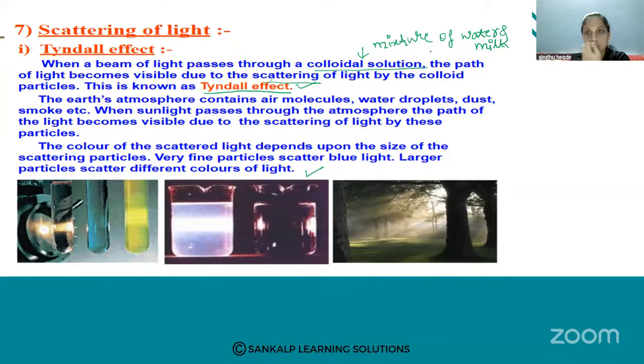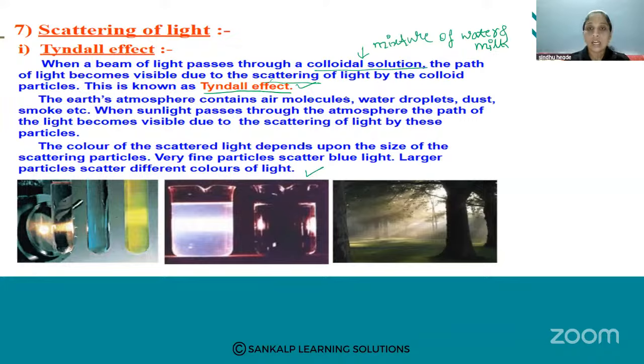This mixture contains small particles and large particles also, but the large particles are present more as compared to small particles. So in the mixture of water and milk, there is a small amount of particles and a large amount of particles, but compared to the small amount of particles, the large amount of particles is more.